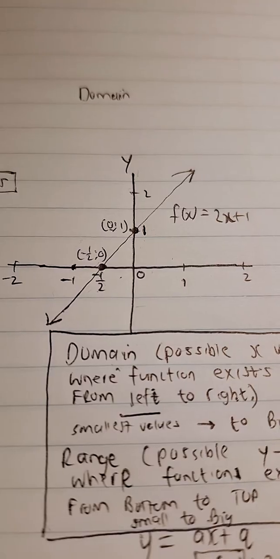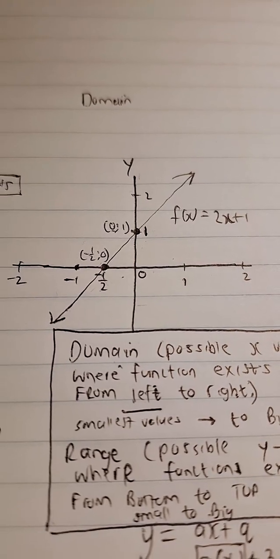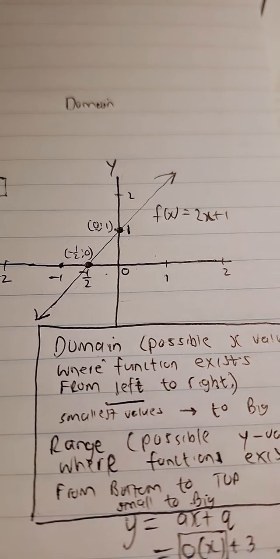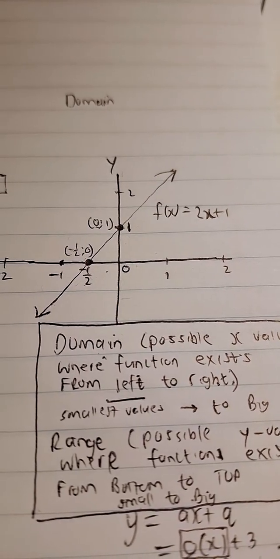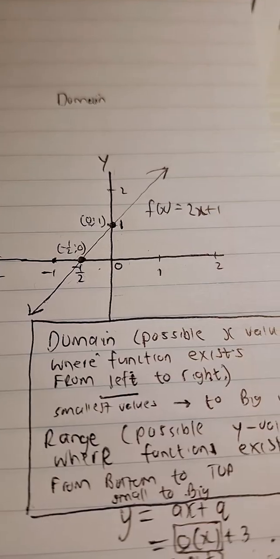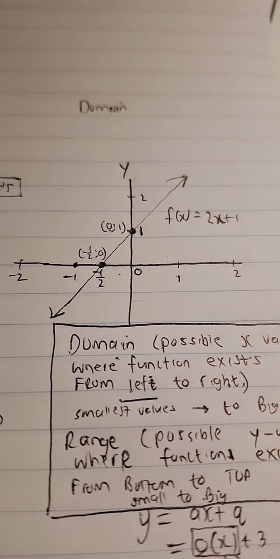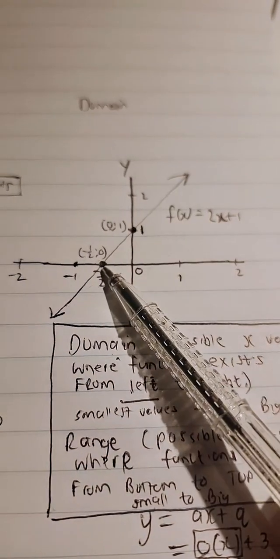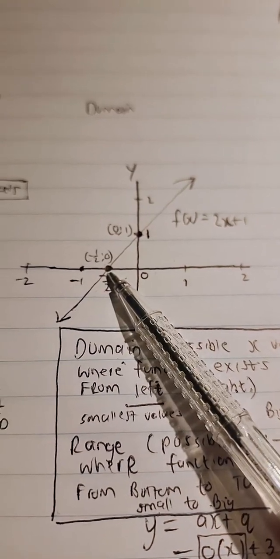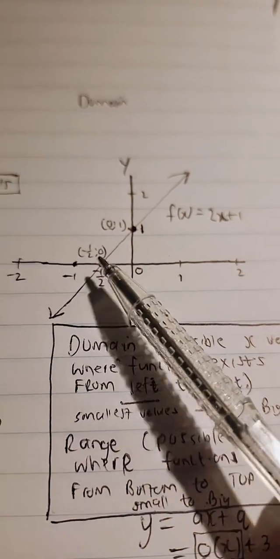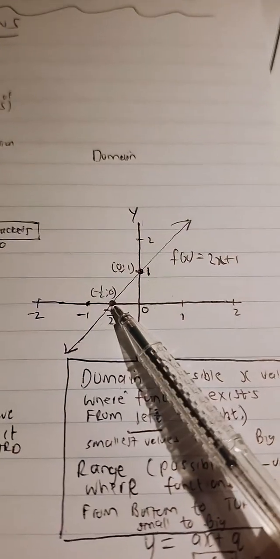Okay, Wild Wonder Boy is saying negative half to infinity. Okay, and the Wild Wonder Boy is saying this because I guess Wild Wonder Boy is looking at this negative half and is seeing that the function is existing at this x value.